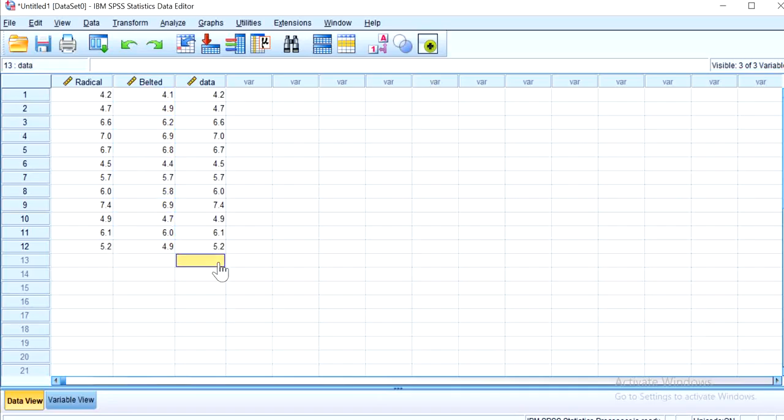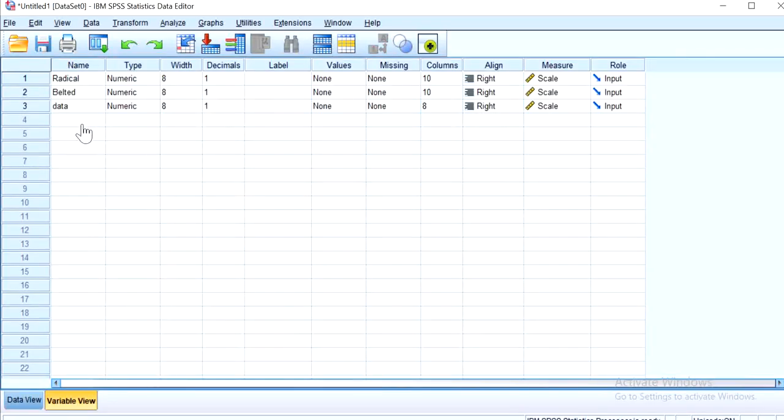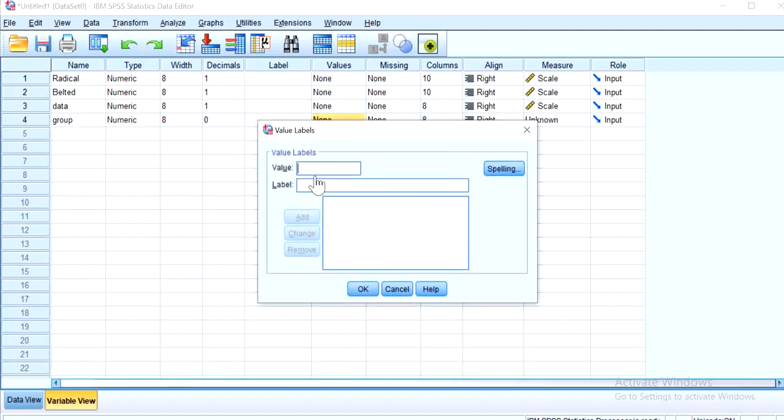Copy and paste. So what I am going to do is generate a new variable, a variable of group. It will tell me 1 is for radial tire and 2 is for belted tire.